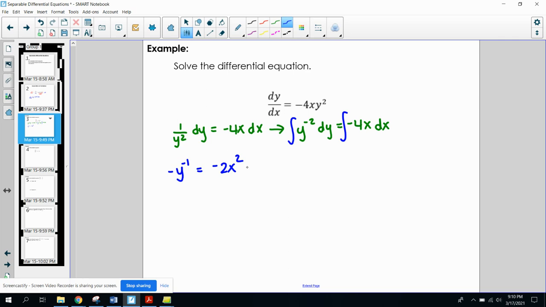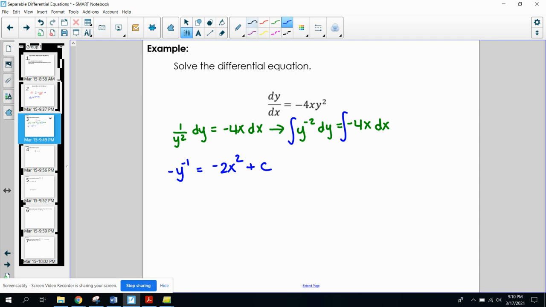So I'm only going to use it once, and I'm going to put it on the right with the x. Technically, there would be a plus c on both sides, but when I move one constant to the other side, it's still going to be a constant. Our main idea here is to get the y by itself. So I'm going to attach the plus c to the x.